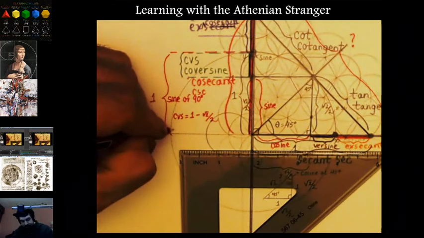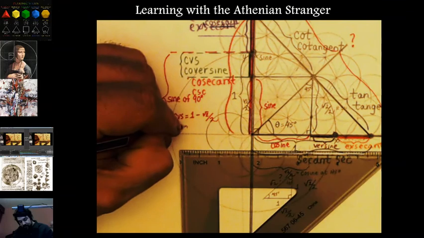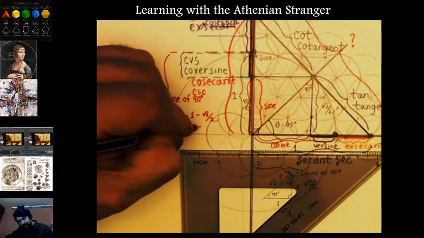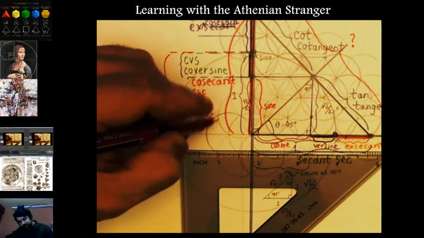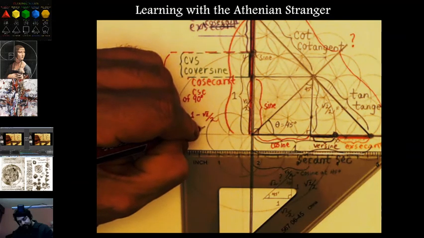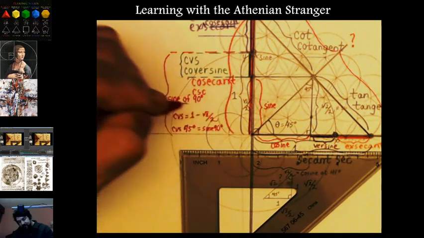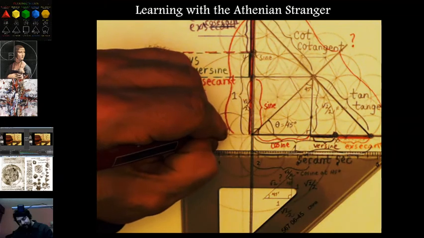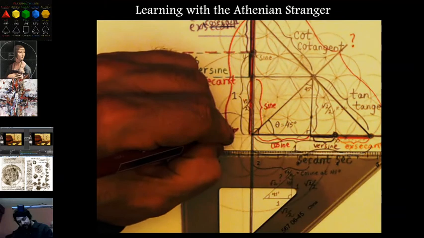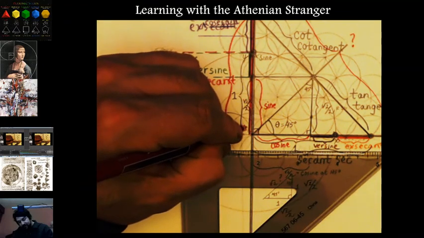And so you could say the cosine of 45 degrees is equal to the sine of 90 degrees minus the sine of 45 degrees.